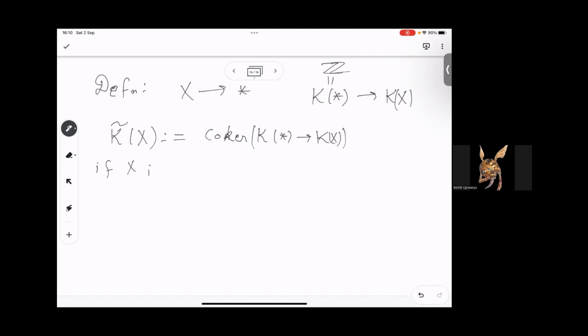Now, if X is connected, we always assume X is connected, I'm just pointing out that this is being used here. Actually, I'll just directly do it this way. Take the inclusion of a point inside X. Then, using contravariance, we get a map from Kx to K star.